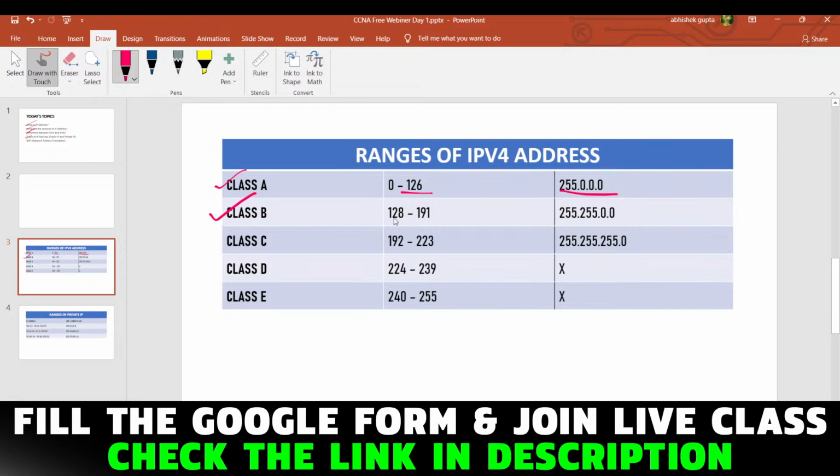Class B starts from 128 to 191 and its default subnet mask is 255.255.0.0. Class C starts from 192 to 223 and its default subnet mask is 255.255.255.0. Class D starts from 224 to 239. Class E starts from 240 to 255.